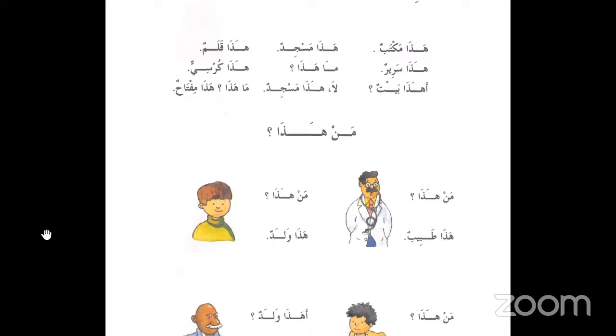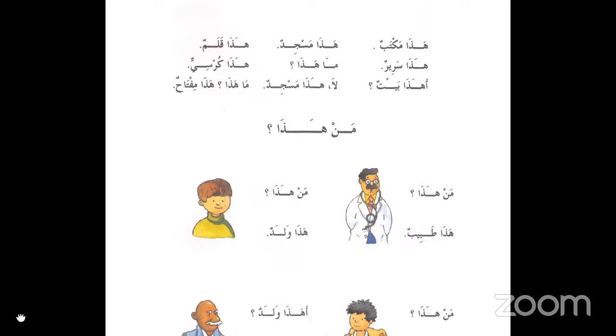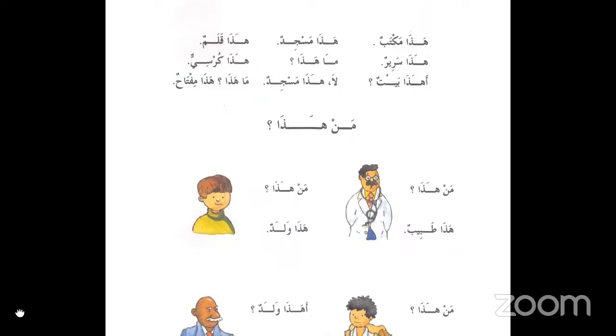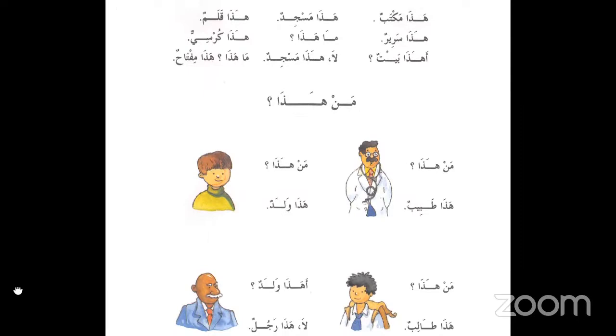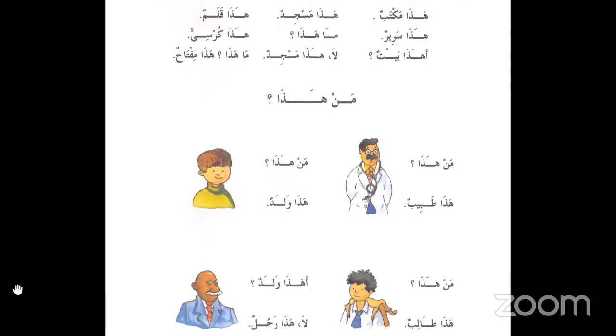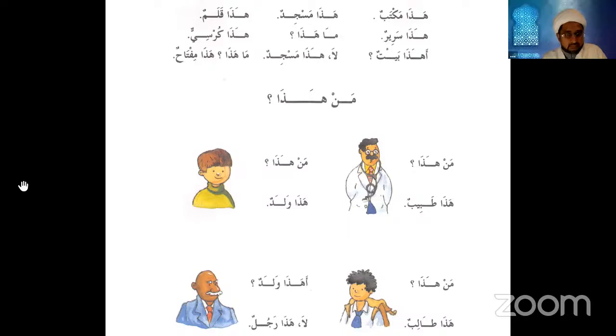This is a bed. ما هذا. What is this? هذا كرسي. This is a chair. هذا بيت. Is this a house? لا هذا مسجد. No, this is a mosque. ما هذا. What is this? هذا مفتاح. This is a key. Correct.